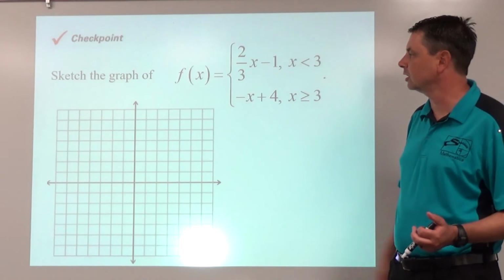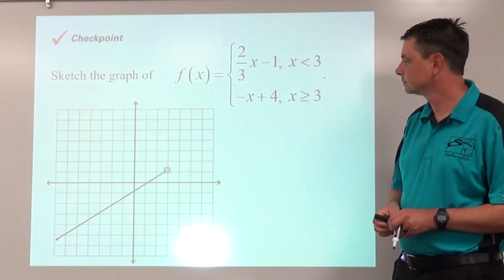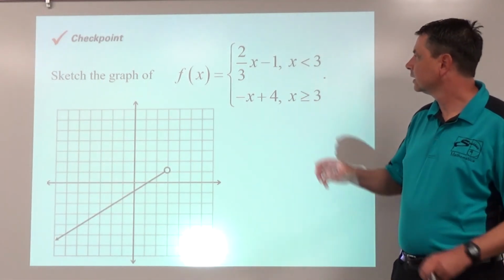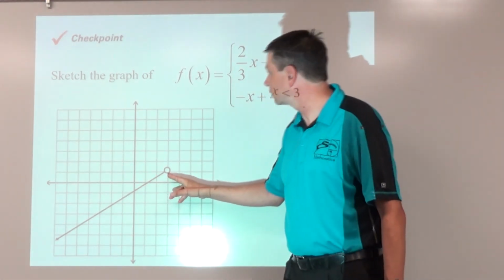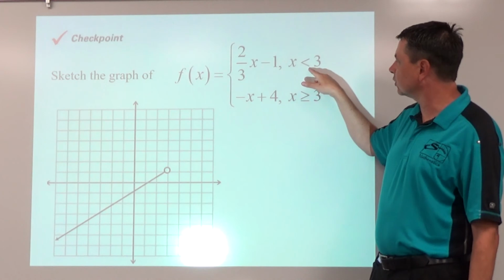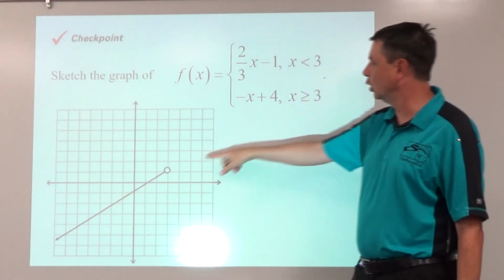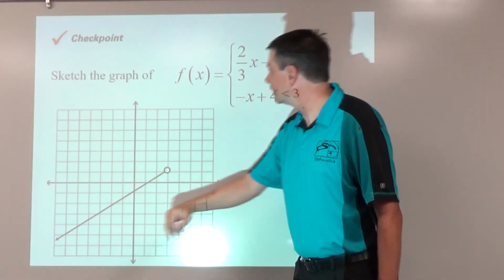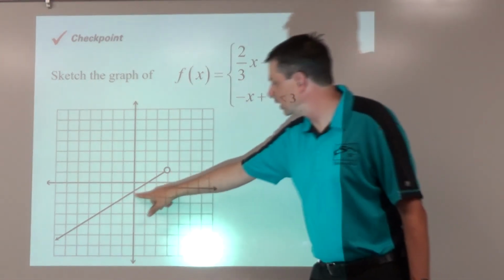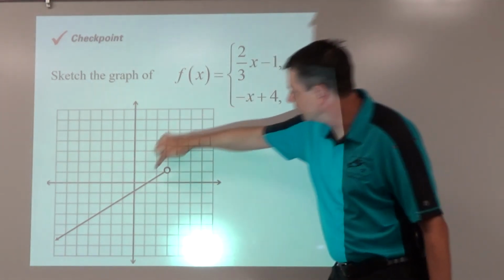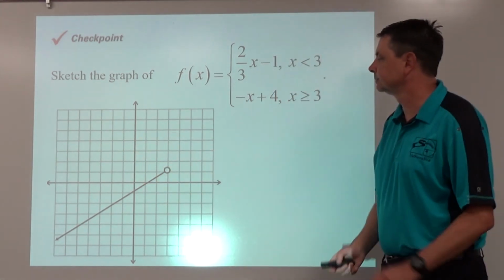And what it should look like is, for the part x is less than 3, here's the x-coordinate of 3. It does not have the or equal to, so an open point, and going left from there with a y-intercept of -1 and a slope of up 1, right 3.